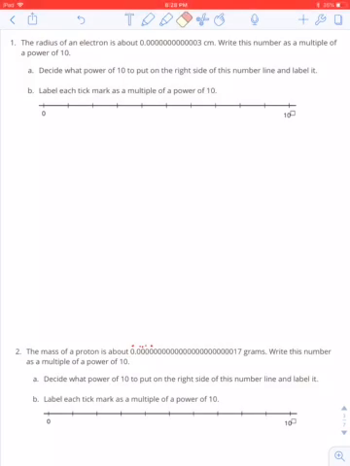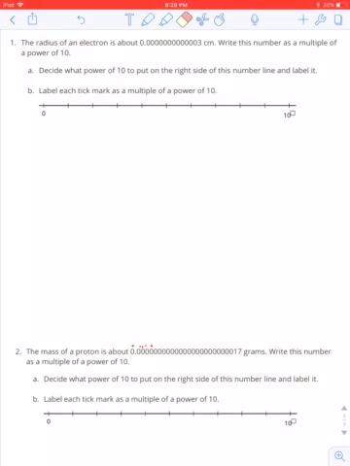So first thing I want you to do, take a look. Problem number 1, the radius of an electron is 0 point, a whole lot of zeros, and 3. Write this number as a multiple power of 10. Okay? So what I want you to do is pause the video and take a chance at what you think the multiple power of 10 is going to be.